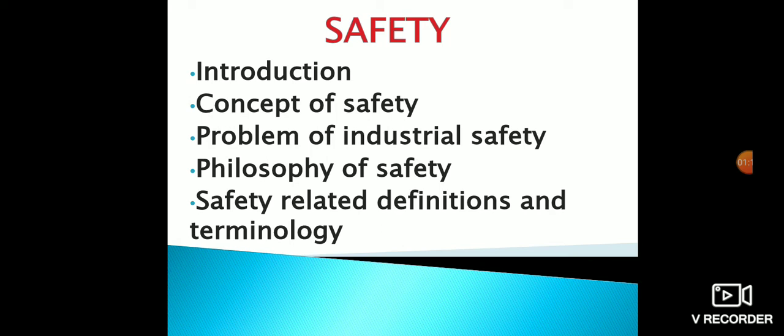Point number 1 is introduction of safety. Point number 2, concept of safety. Point number 3, problem of industrial safety. Point number 4, philosophy of safety. And point number 5, safety related definitions and terminology.